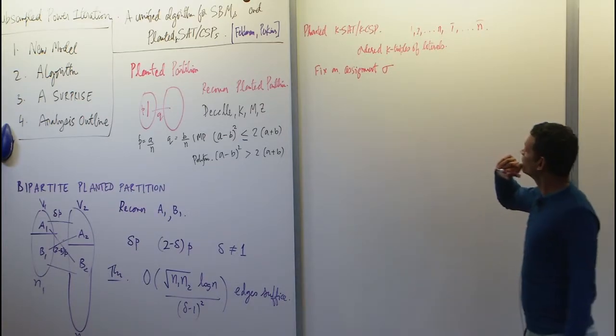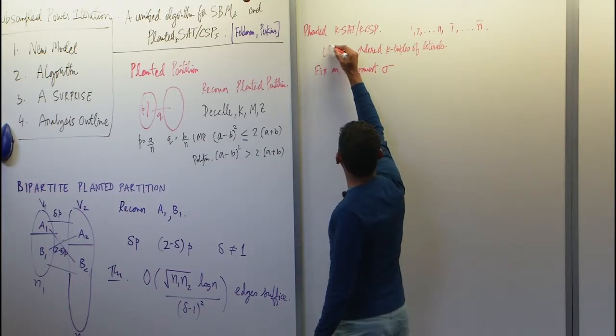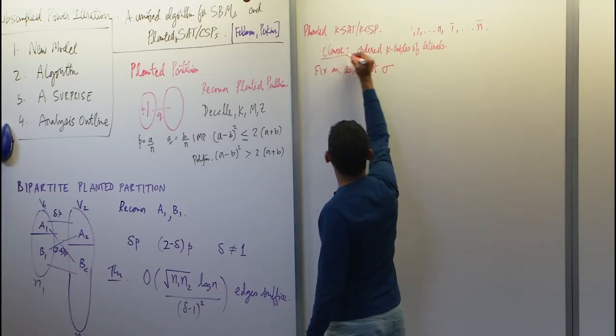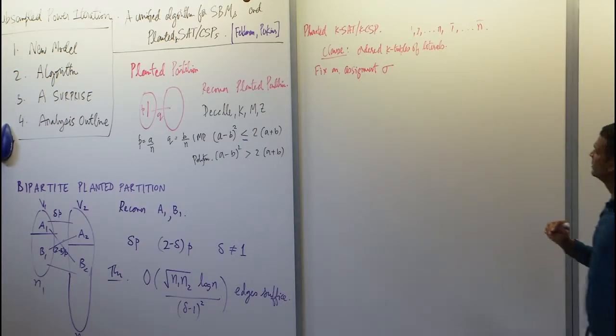On the variables, and the distribution on clauses. So this is a clause. And the distribution on clauses is affected by sigma in the following precise way.